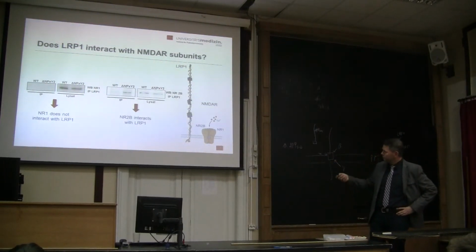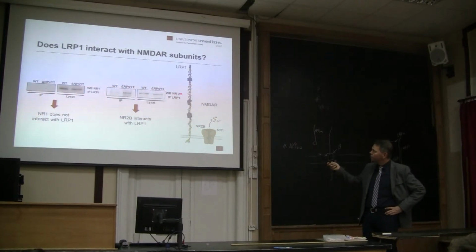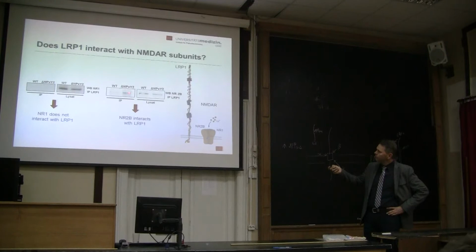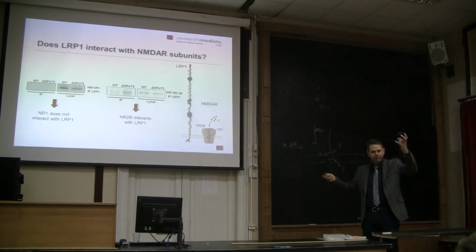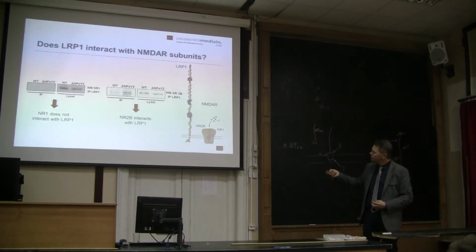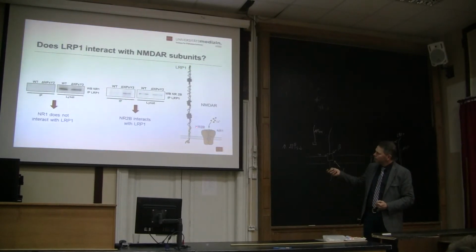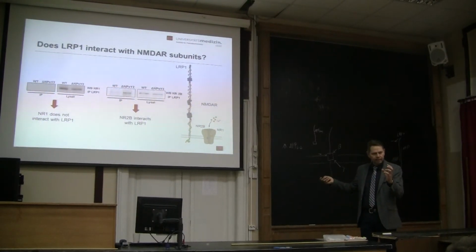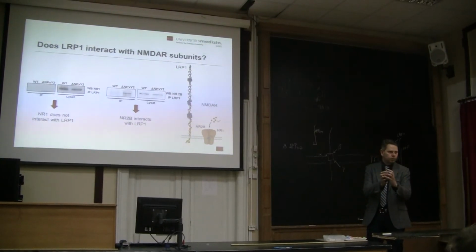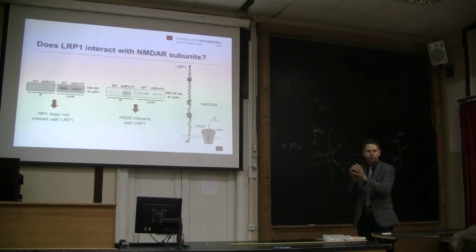But luckily, there is an interaction of LRP1 with the NMDA receptor 2 subunit. Because in the immunoprecipitation, you see an increased interaction between LRP and the NMDA receptor 2B subunit in these delta NPXY2 neurons. Meaning, we have more LRP at the cell surface, you have more interaction with the NMDA receptor 2B subunit, and by that, most likely, this keeps the NMDA receptor 1 subunit as well at the cell surface, because they have to be always in a complex to be a functional receptor.